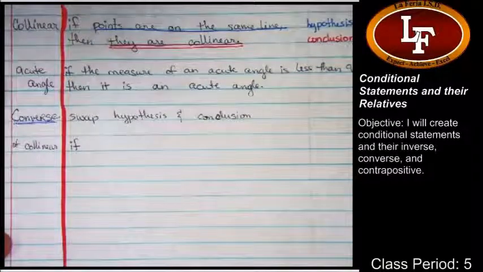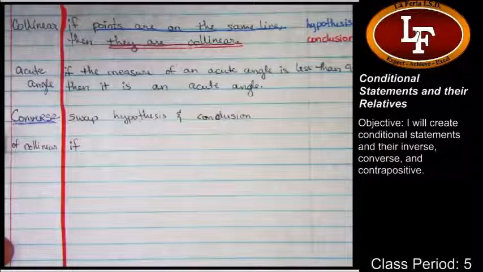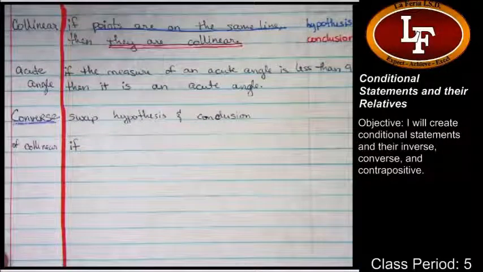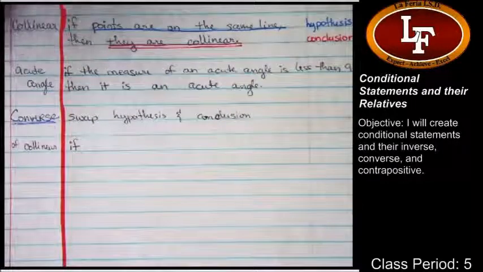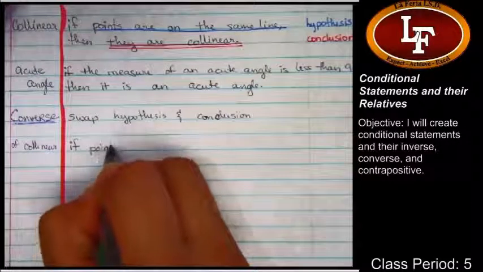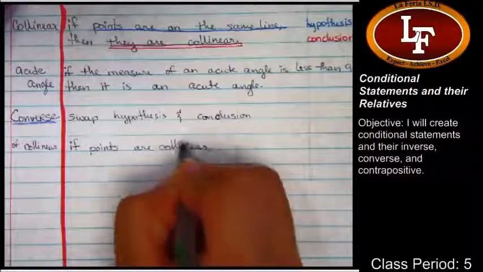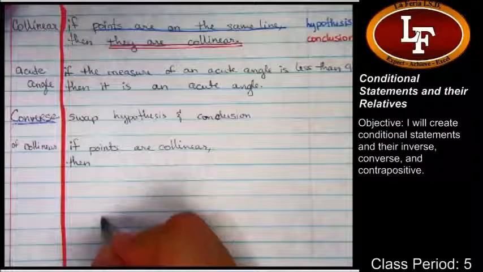All right, so the converse of collinear starts with the conclusion of the original collinear. So what was the conclusion of our original conditional statement for collinear? They are collinear. Okay, what are collinear? Points on the same line. So if points are collinear, then what was the original hypothesis?